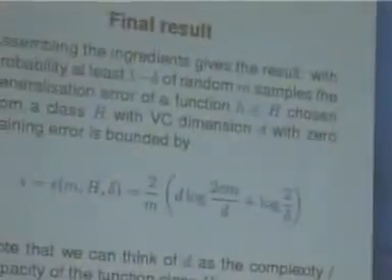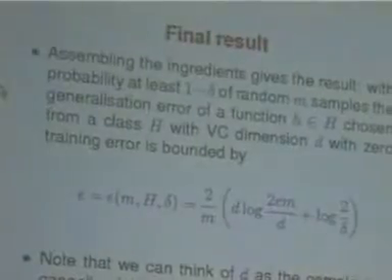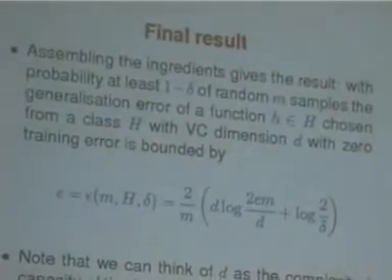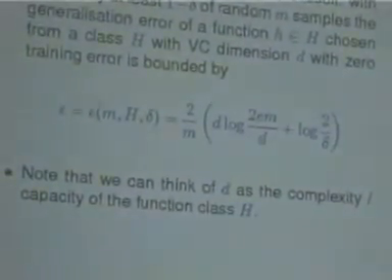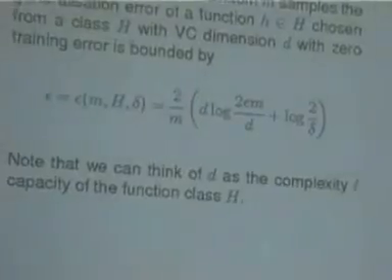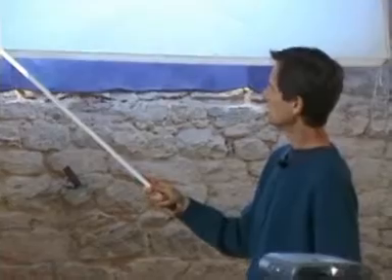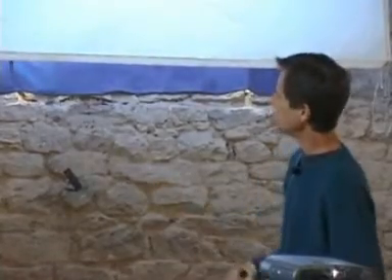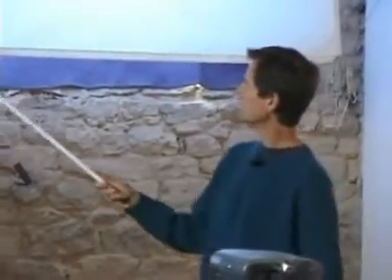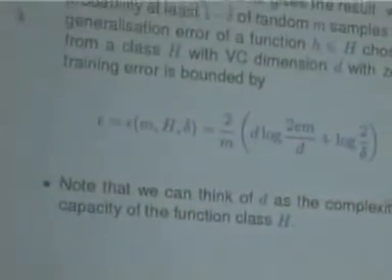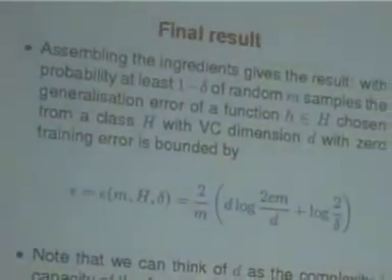And now this complexity term, which if you remember before we had log 1 over q_n, where we'd chosen this prior sort of weighting of the functions, is replaced by this uniform term, which is equal for all functions, and it's d log 2em over d. So you can think of d in some sense as measuring the complexity of the function class. The VC dimension is some nice measure of the function class.